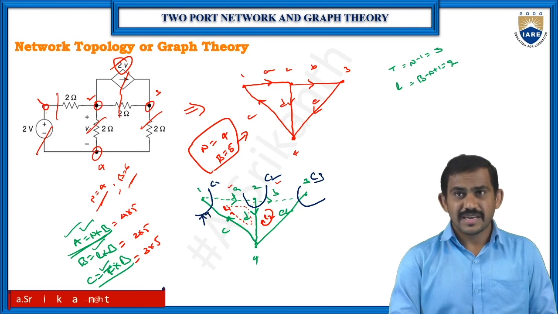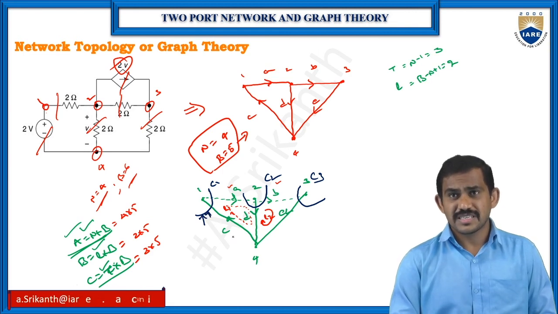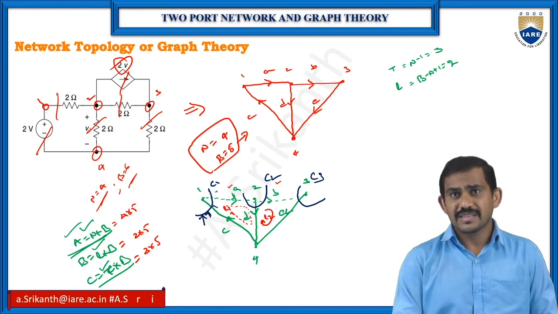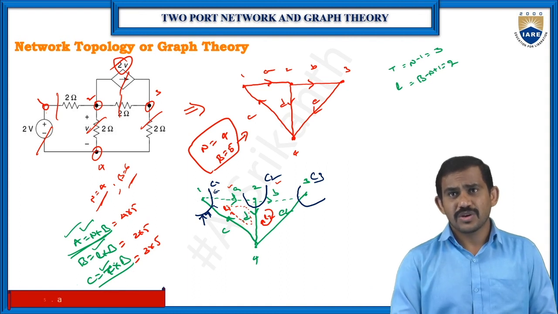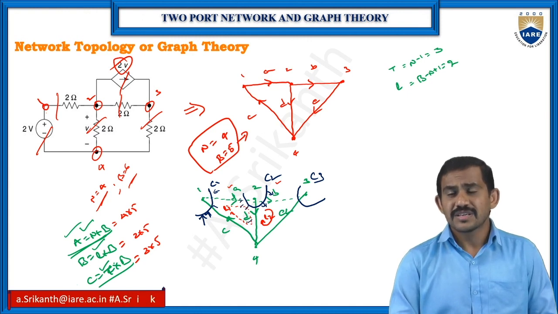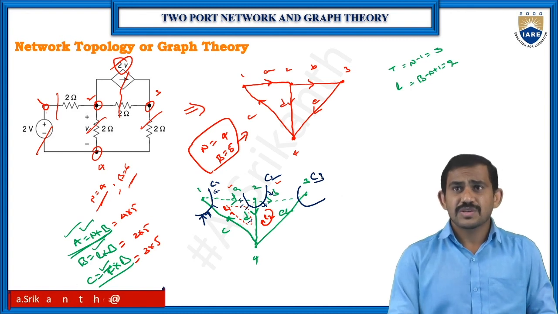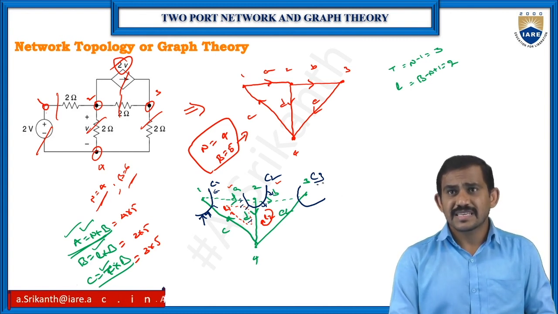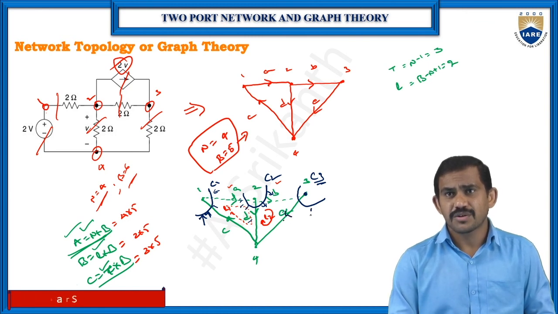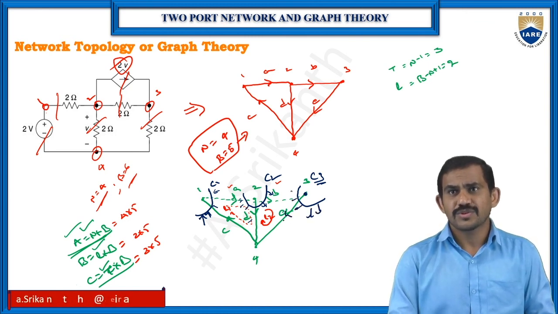This is my incoming current, so for the C tree incoming currents are positive. For that node incoming currents are positive, and here for C2 outgoing currents. Why outgoing currents? Your D tree is outgoing, so outgoing currents are positive. And coming to C3, that means cut 3, at node 3 we are using the E branch. The E branch current is outgoing, so again outgoing currents are positive.